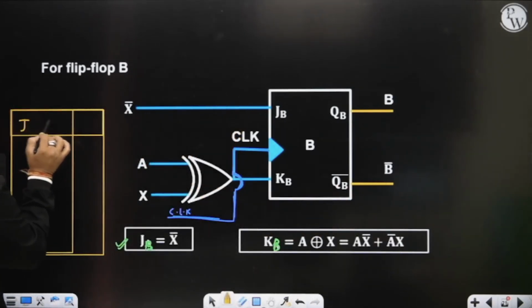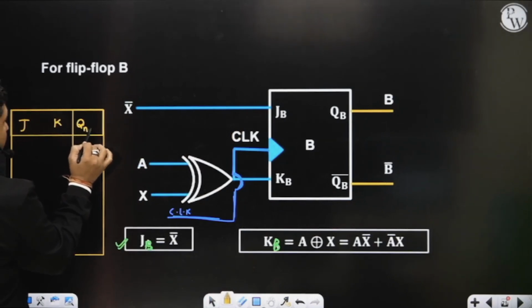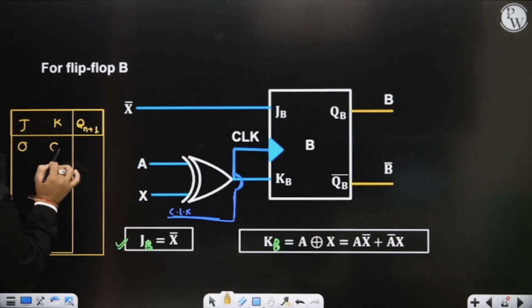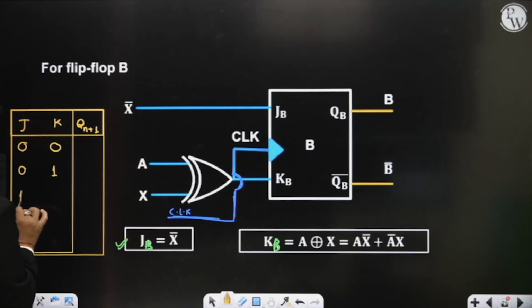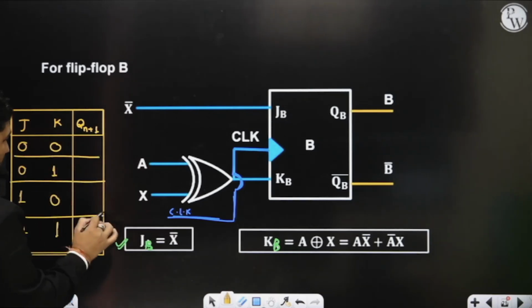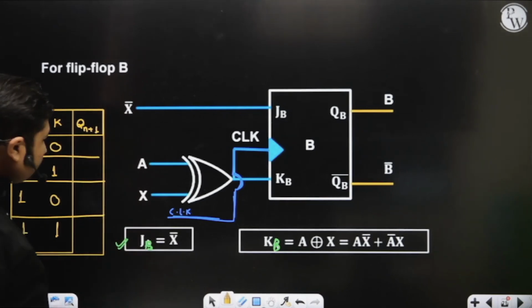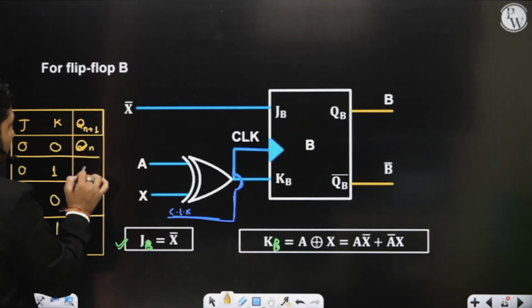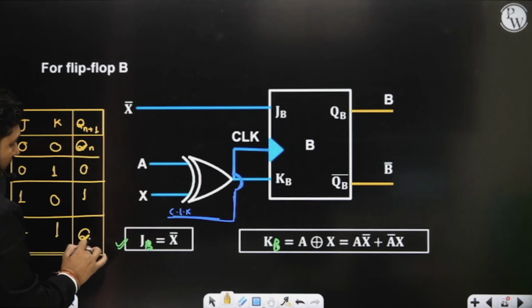We have J, K, Qn+1: 00, 01, 10, 11. For 00, what will you get? Qn. For 01, Qn complement.